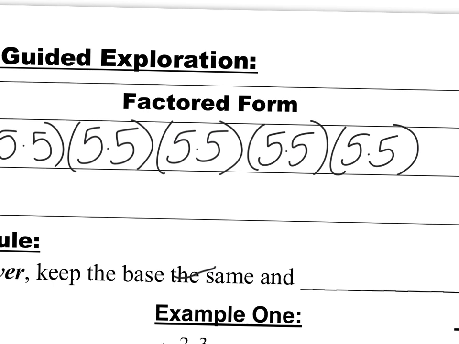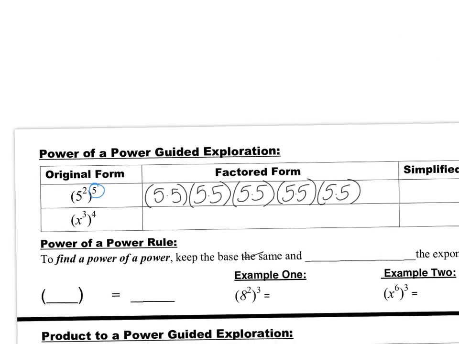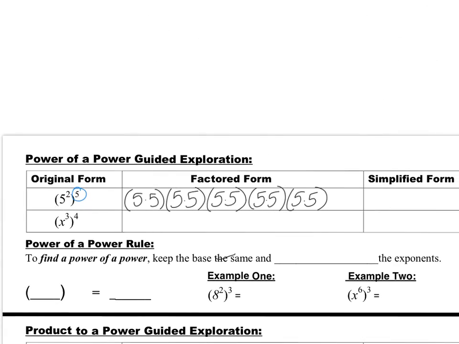So now that I've written out my factored form, let's look back at our original question. Our original question said that we have 5 squared to the 5th power, so we wrote that in factored form 5 times.